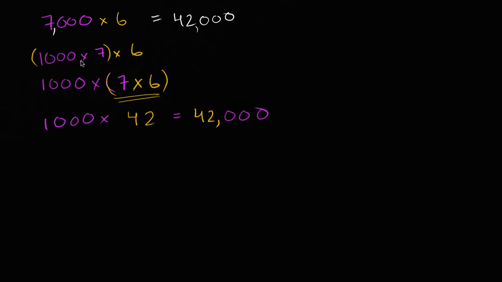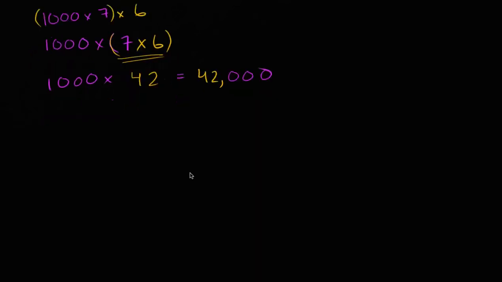But let's do another one. Let's say that we wanted to figure out what 56 times 8 is. And there are a bunch of different ways that you could do it.